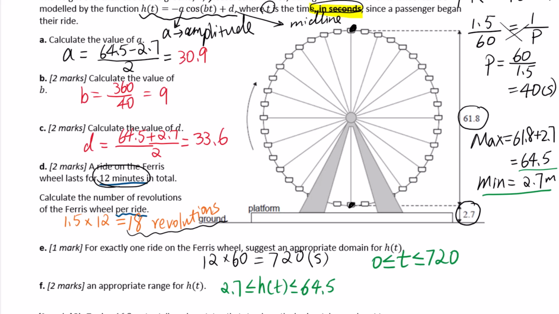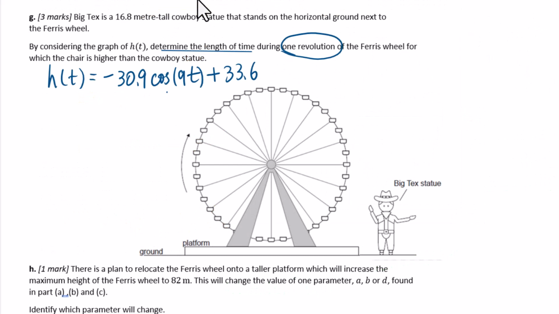Since we already figured out A, B, and D, we can write down the h of t function: h of t equals negative 30.9 cosine 9t plus 33.6. One revolution means one period.